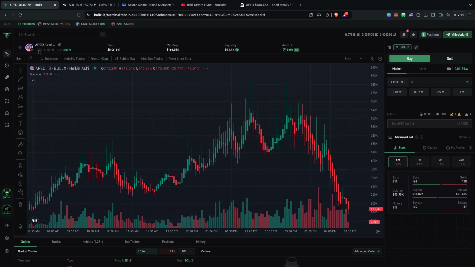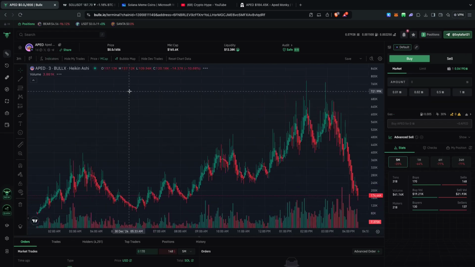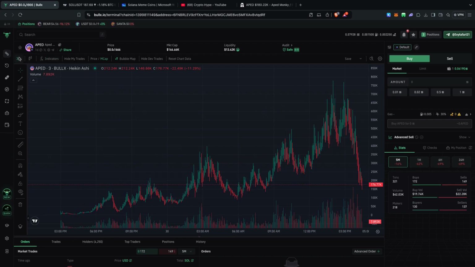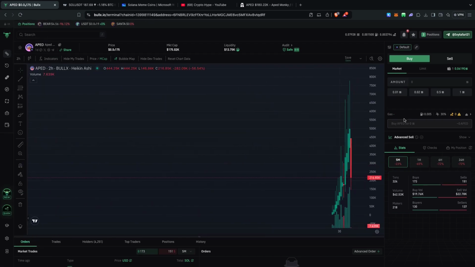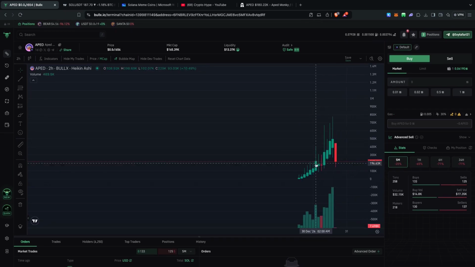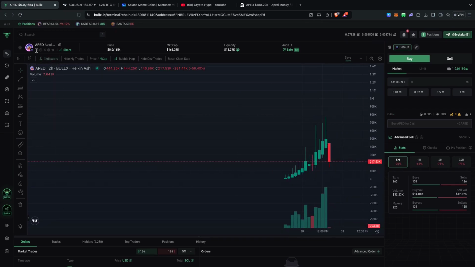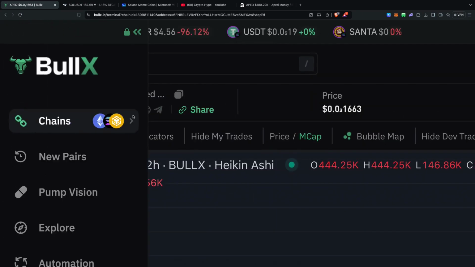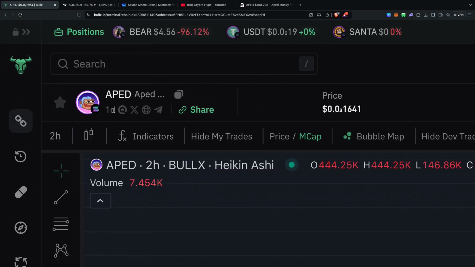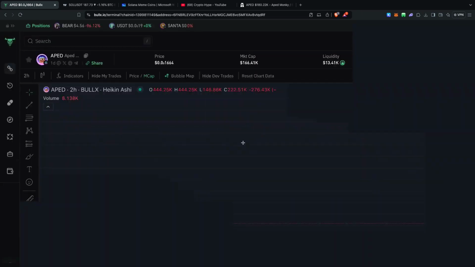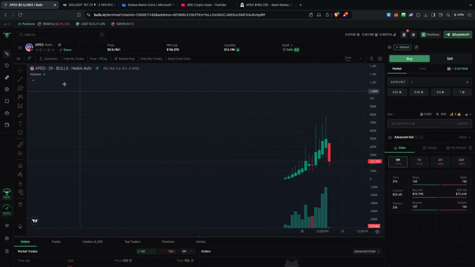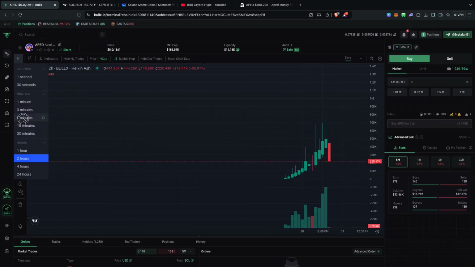Okay, so this one has been around for the past 1 day. Obviously, now take a look at this. Let's go to the past 2 hours. So if you discovered this coin yesterday, as you can see, it has been around in the markets for the past 24 hours, and during that period of time there were a lot of investment and trading opportunities.